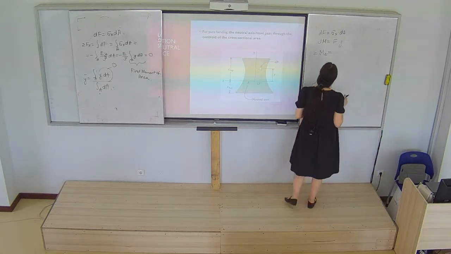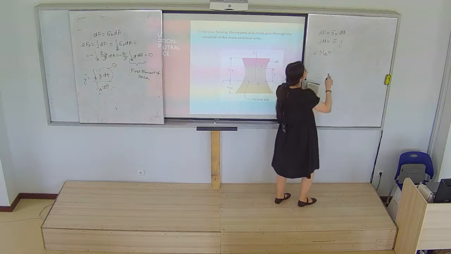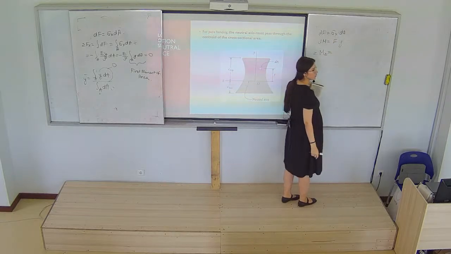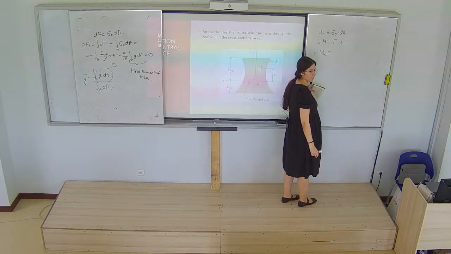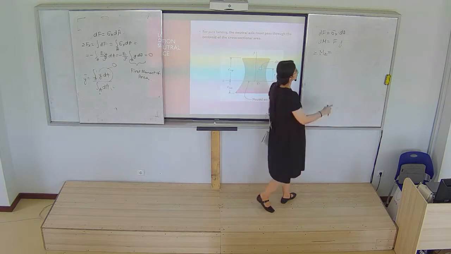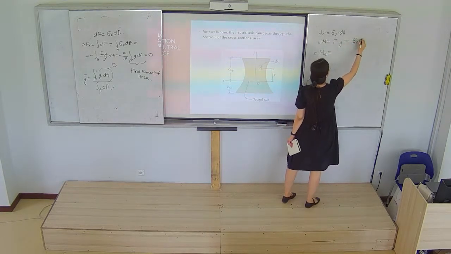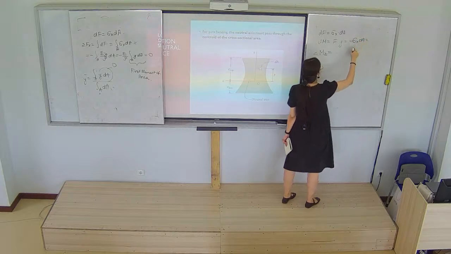Along that direction, our moment. So, as I told you, if we have a positive normal stress, it means a negative moment. Yes? It means that it will be equal to minus sigma x dA, right? What is the formula for sigma x?